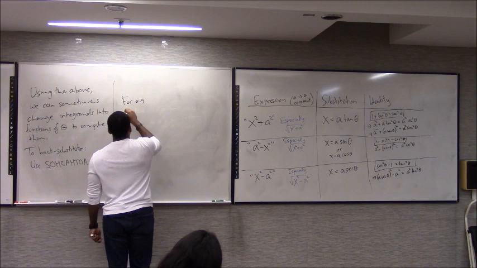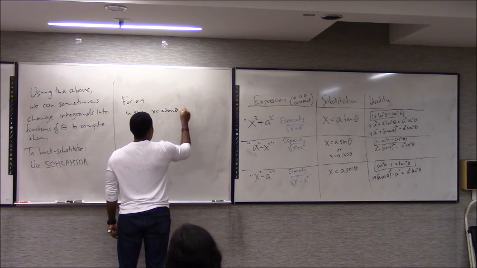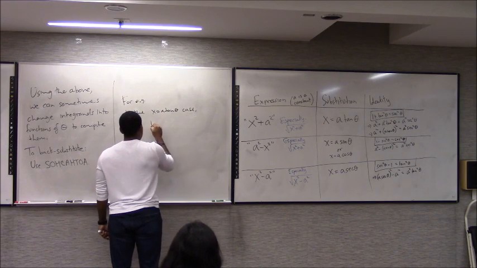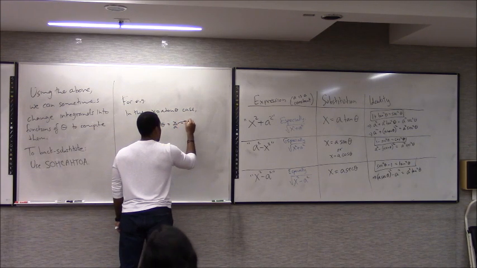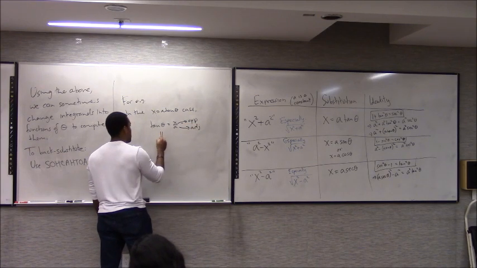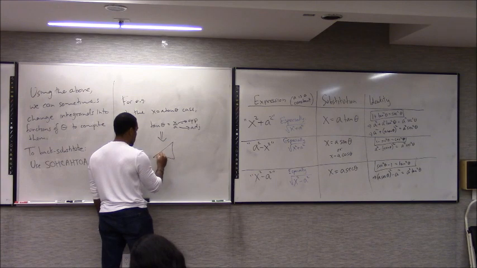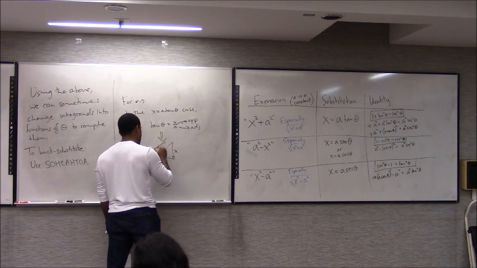For example, in the x equals a tan theta case, this leads to this triangle. So you're going to have to be drawing triangles all over the place and using Pythagoras' theorem.